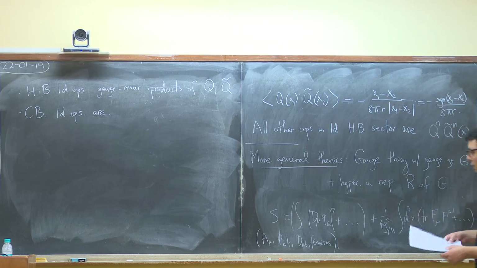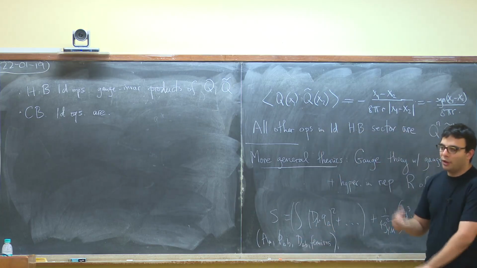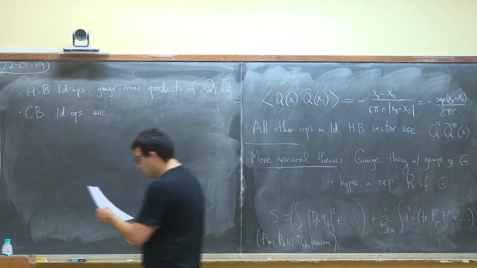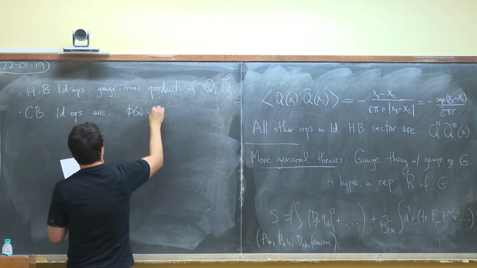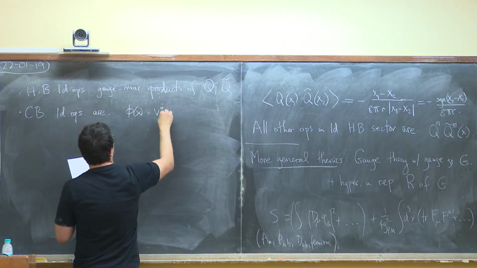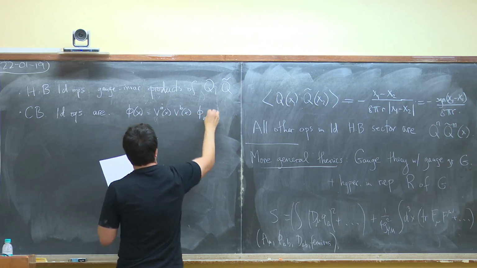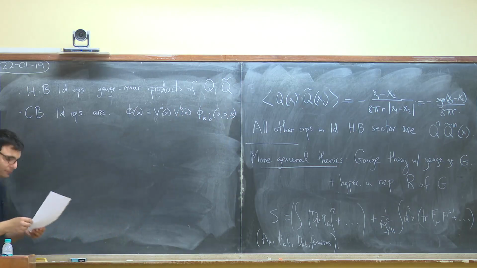Okay, so I said that this has dimension 1, and it's also in the triplet of SU2C because it has 2 indices. So it has JC equal 1. So from it, we can construct a 1D operator, which is phi of x, which is V A dot of x, V B dot of x, phi A dot B dot. So that's one of the operators in the 1D sector.